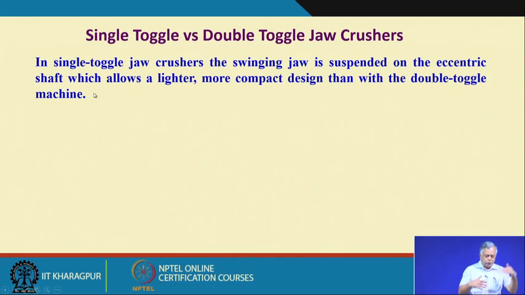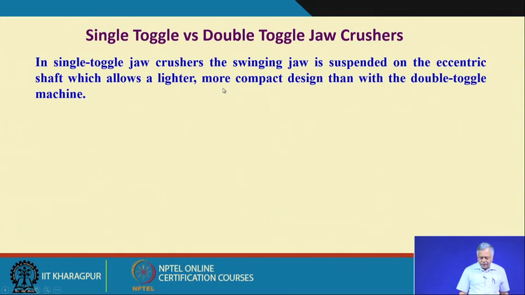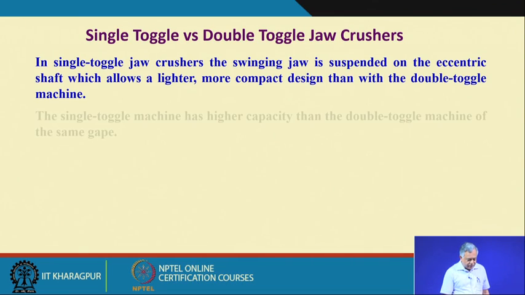Because when we have two rods connecting each other, you need a much bigger design or bigger surface area for the machine to be accommodated. So, that is a much bigger machine than a single toggle one. Single toggle is a lighter one and more compact in design, but then what is the need for a double toggle jaw crusher? That I am going to answer.